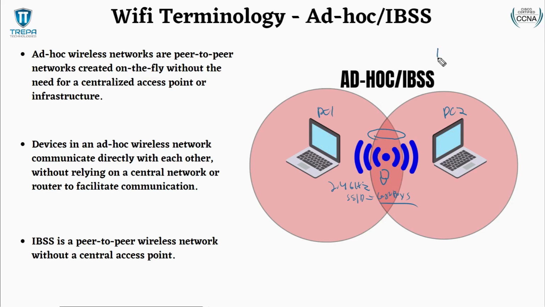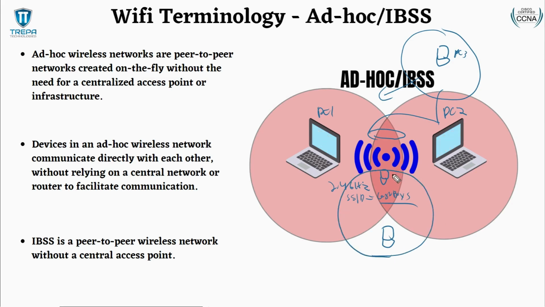And if you wanted to add a third device in here, this would not work when PC3 had to communicate to PC1. You would have to go here and here. If you wanted to add a third device in that ad hoc network, his or her radiation pattern would have to all meet up at some point, right? So this is what we call an ad hoc network.